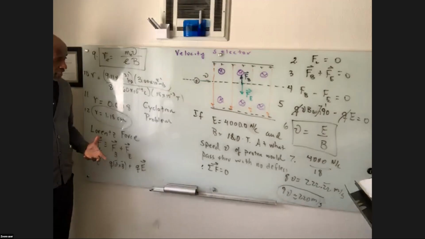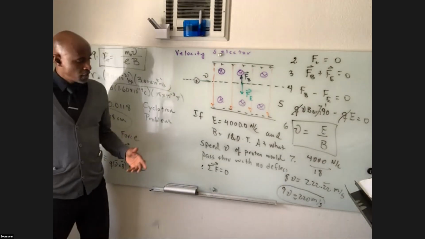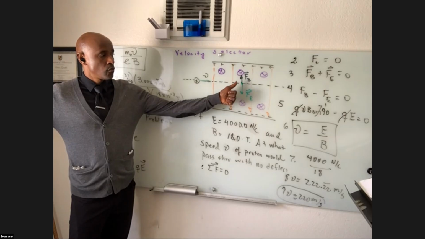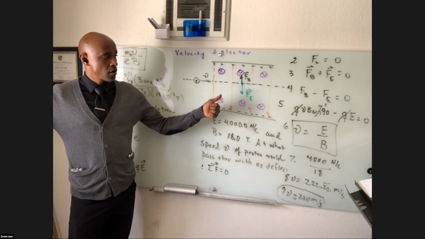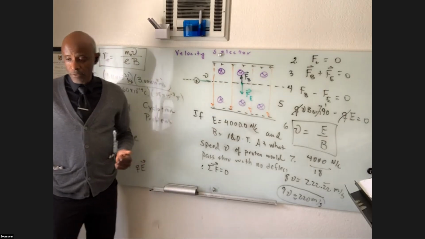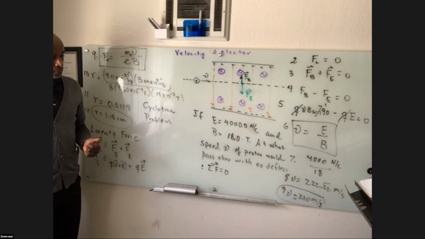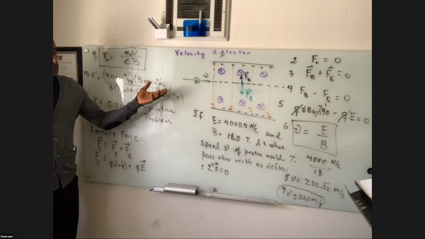So I could have gone directly from step 1 to step 4, given what the directions of the forces are in the problem that I set up. But in general, you would just evaluate the directions of the forces as you need to.